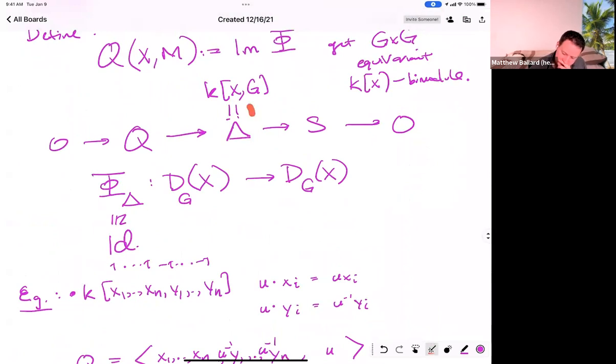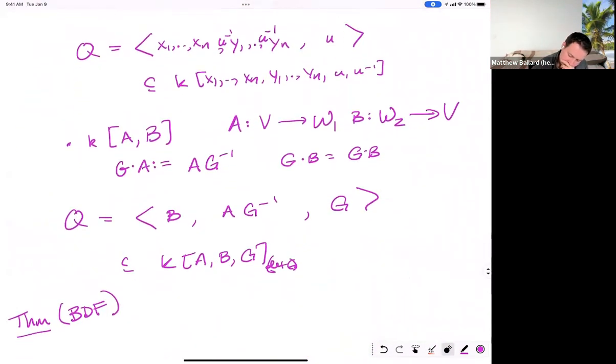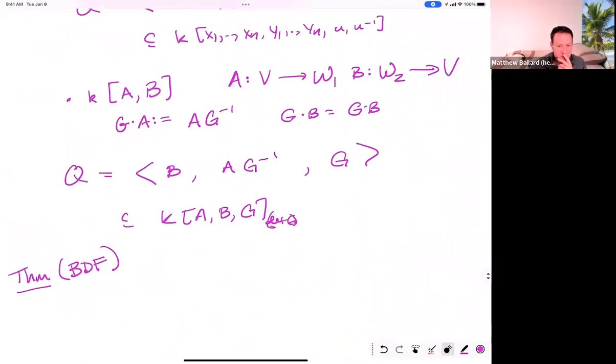So with this natural transformation here, what we can do is think about, if I take Q, I can tensor it over itself.